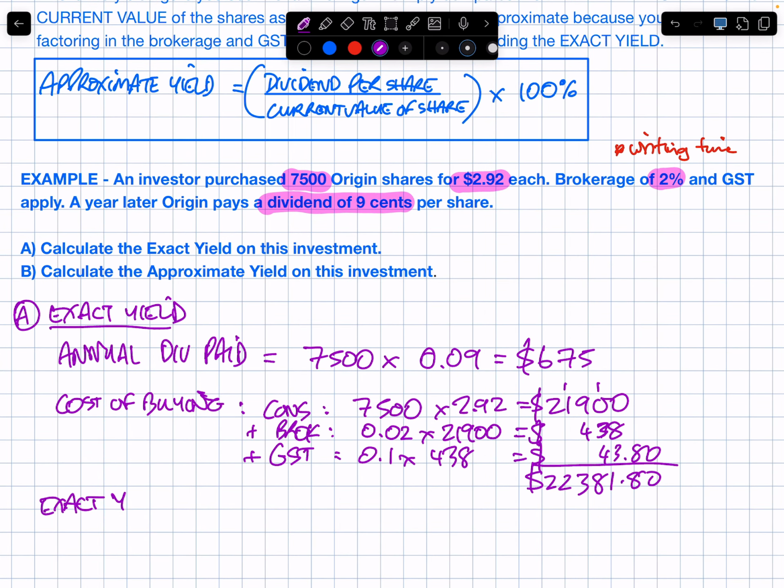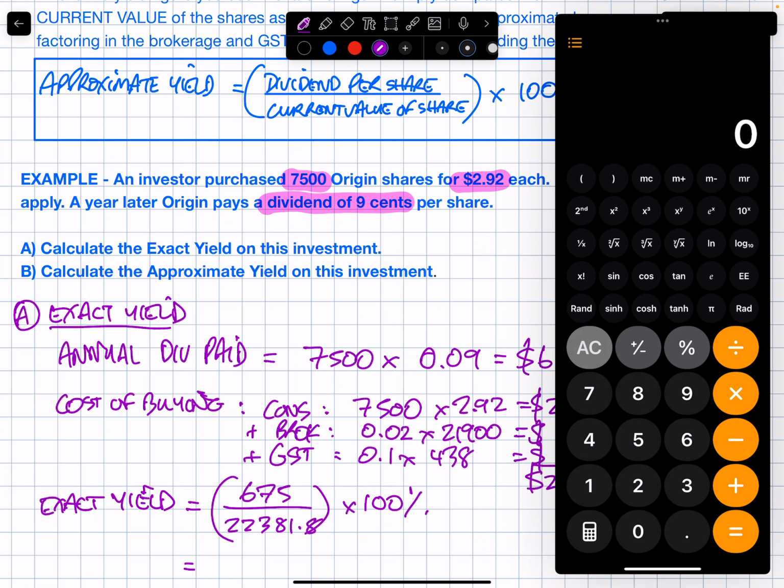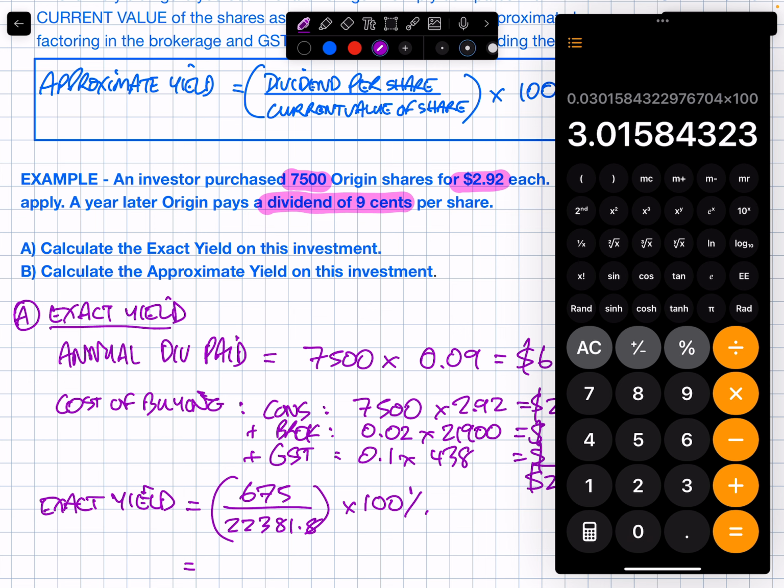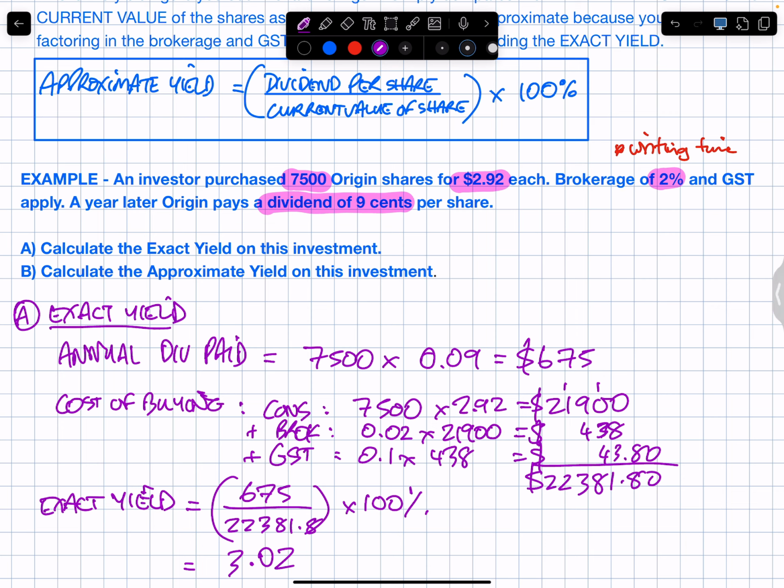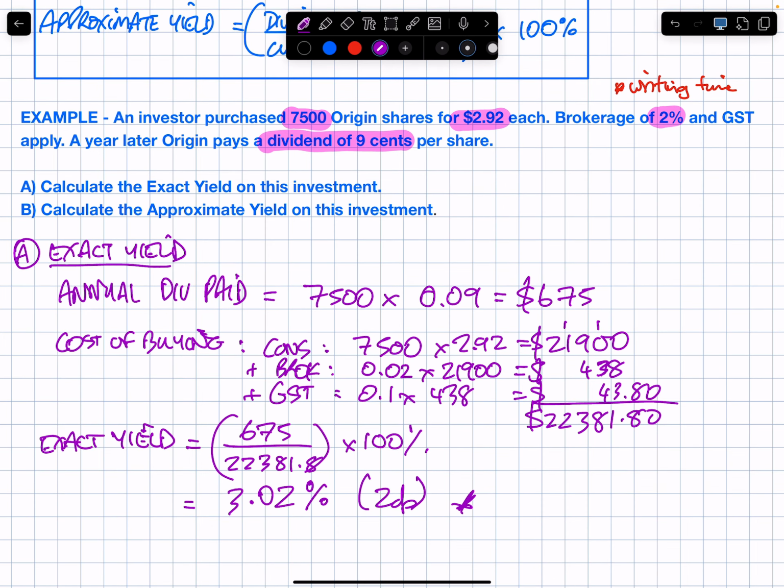Exact yield equals the dividend paid, 675, over the cost, 22,381.80, times it by 100%. 675 divided by 22,381.8, times by 100, 3.02. Right, some time to get that example down for exact yield. You can see it takes a lot of maths, but no maths that we haven't done previously.